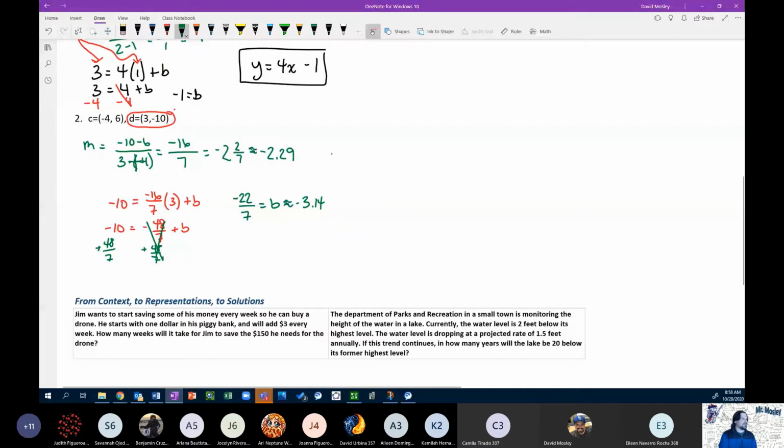So we end up with the completed rule that we can write as y equals negative 16 over 7x minus 22/7, or we could choose to write it with the decimals, negative 2.29x minus 3.14.